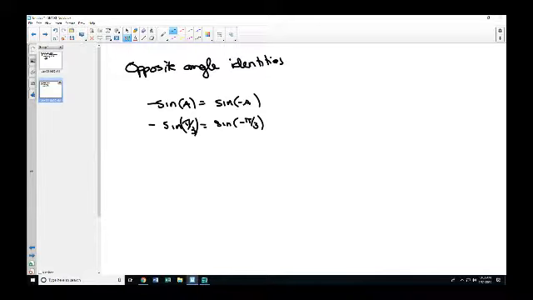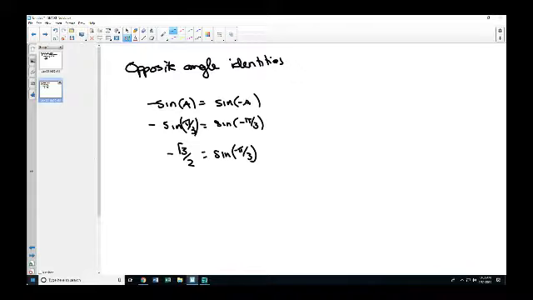So negative root 3 over 2 is sine at negative pi over 3. You're using your identity to have to remember less information, but you have to remember the identity. Would that be the same as just flipping it over the y-axis?